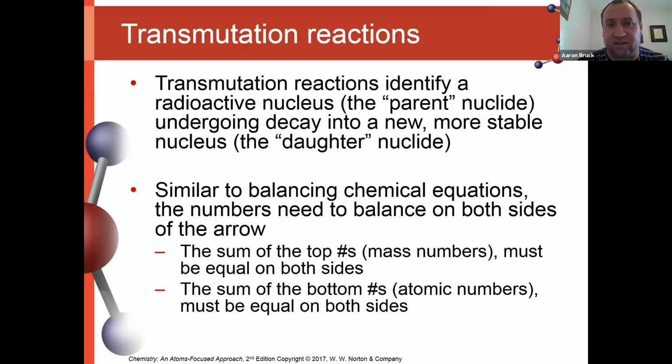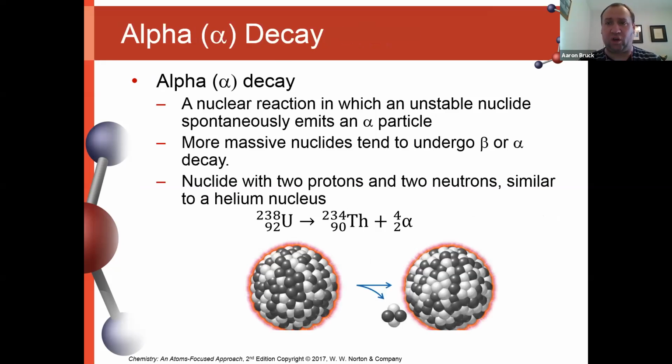So let's take a look at these. Our first type of decay is alpha decay. Alpha decays tend to occur most often when we have more massive nuclei that need to ditch their extra weight. So we tend to see this most often when our atomic number is greater than 83.